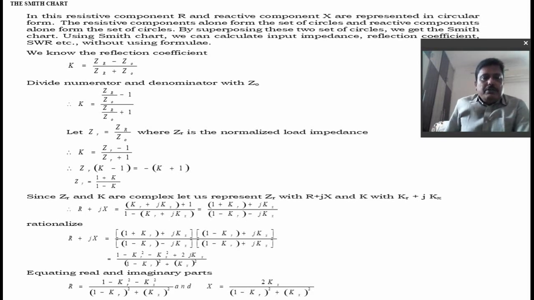Rationalizing, r plus jx equals (1 plus kr plus jkx) by (1 minus kr minus jkx) into (1 minus kr plus jkx) by (1 minus kr plus jkx). Equating real and imaginary parts, r equals (1 minus kr square minus kx square) by ((1 minus kr) whole square plus kx square), and x equals 2kx by ((1 minus kr) whole square plus kx square).